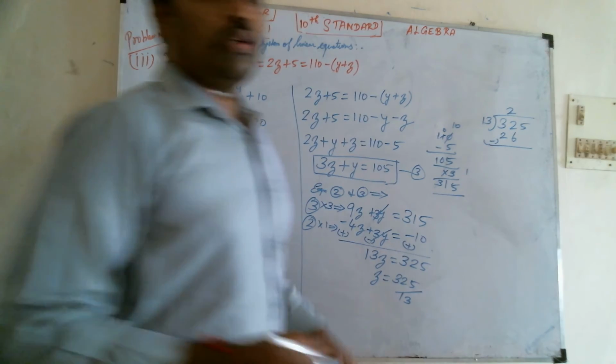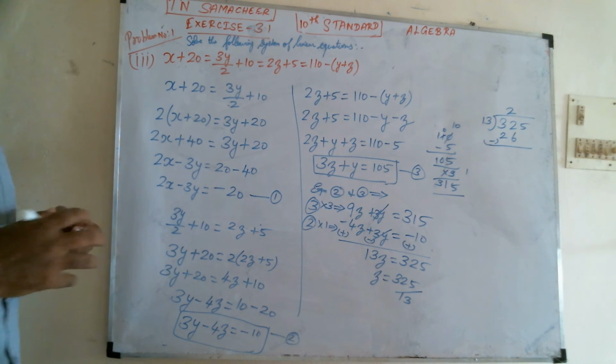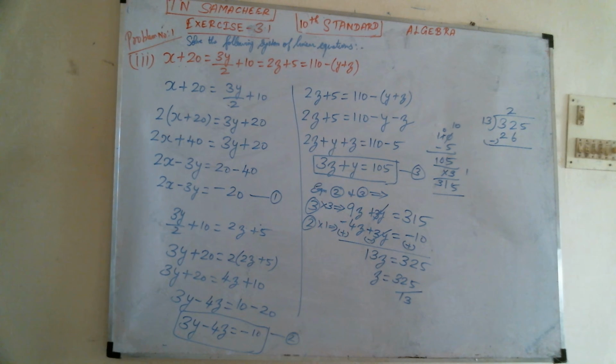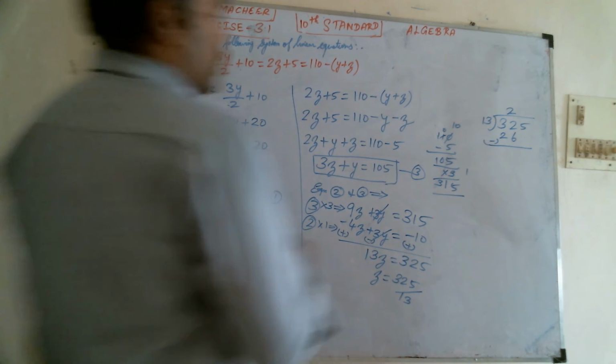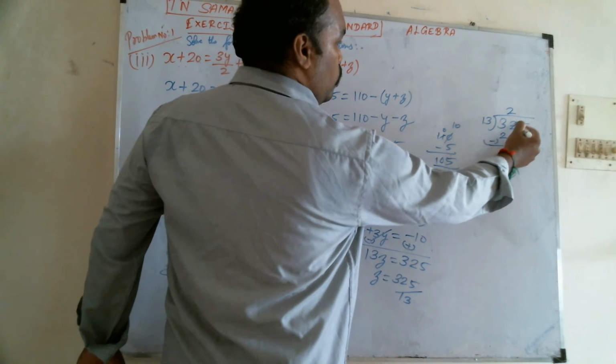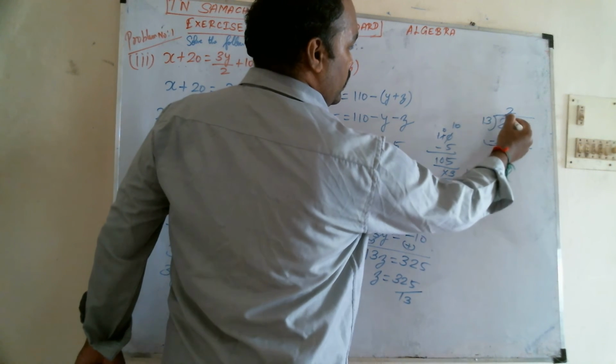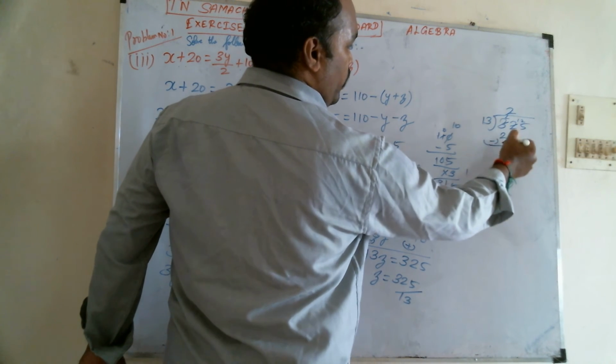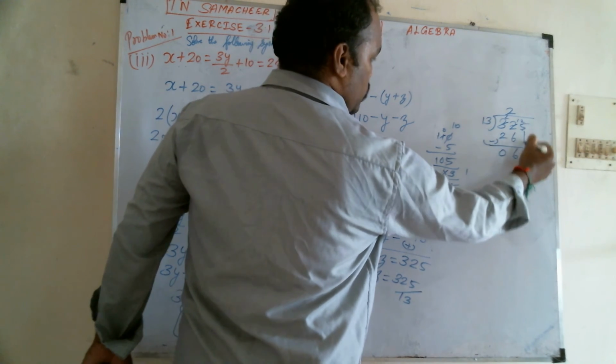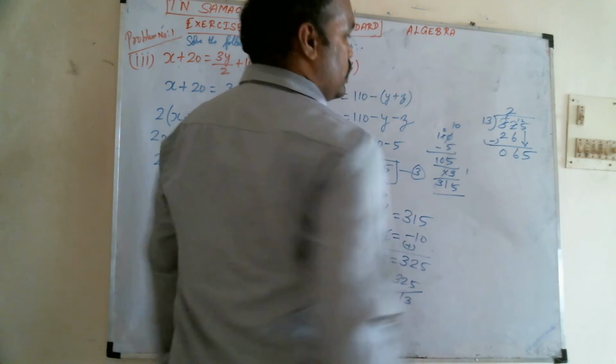So 32 minus 26 is how much? 32 minus 26. 12 minus 6, 6. Here 2. So 2 minus 2, 0.